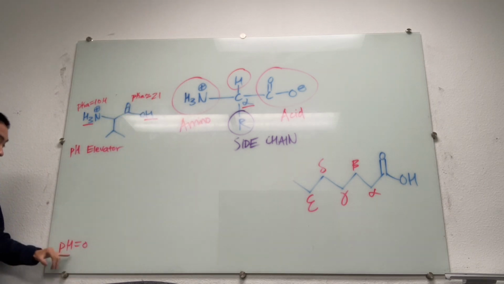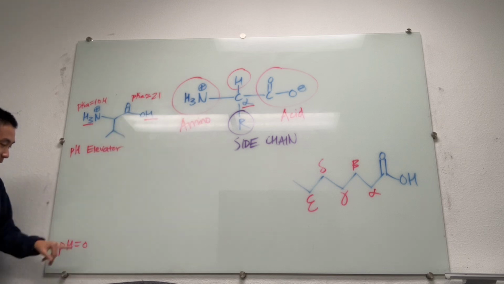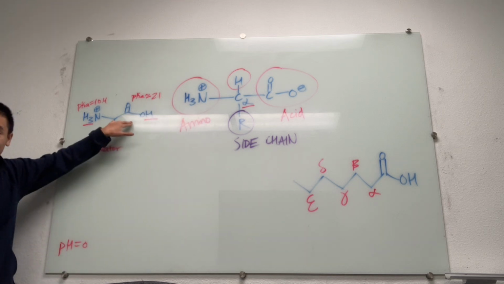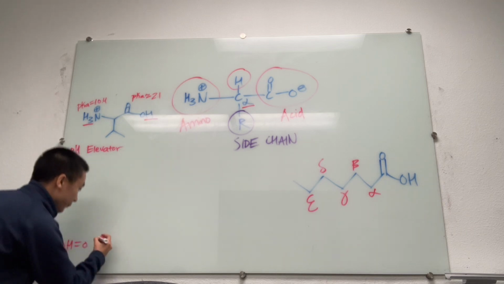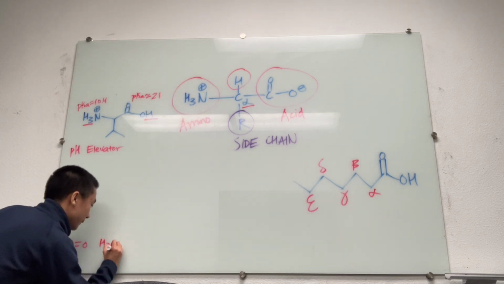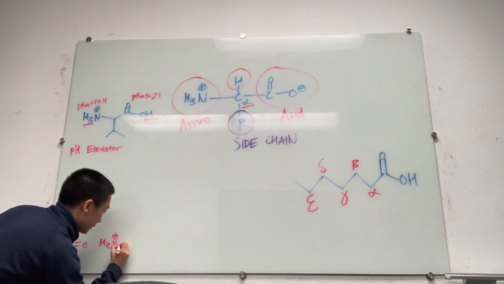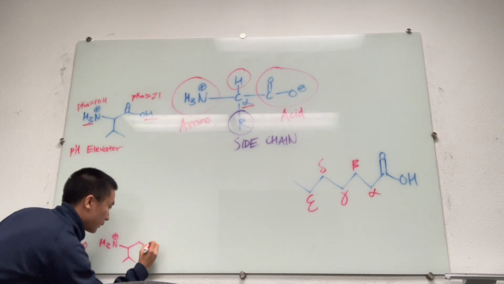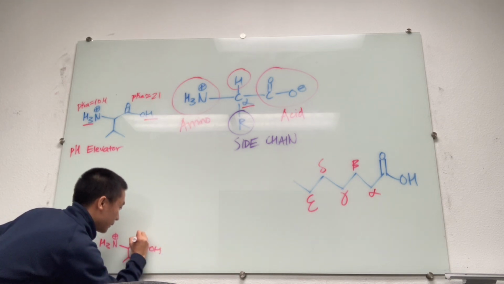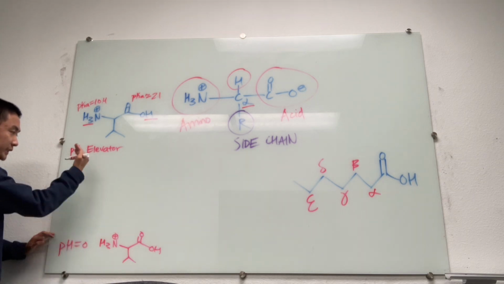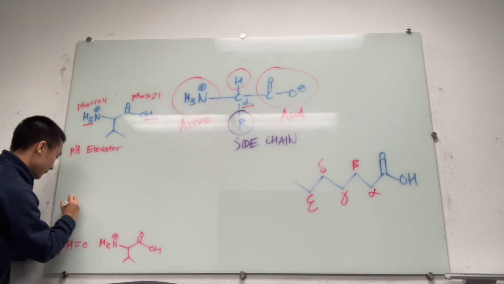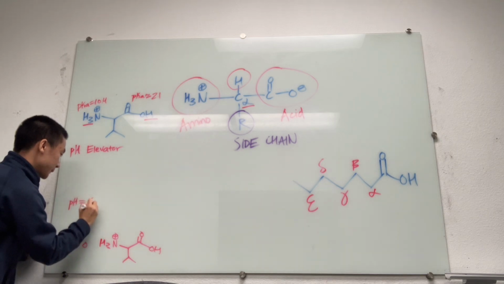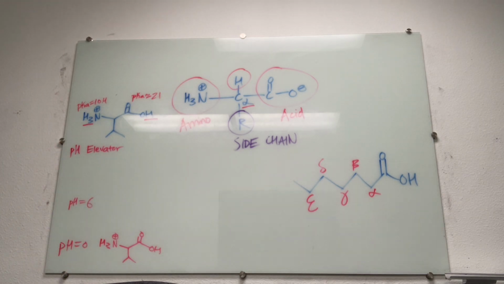The environment is more acidic than this carboxylic acid group, so the environment is going to protonate that group. So at a pH of 0, everything gets protonated. But as we rise up the pH elevator, let's say to a pH of 6, what group is going to get deprotonated at a pH of 6?